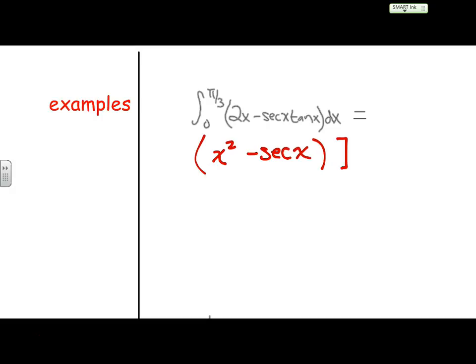And what are you doing with the little bracket? Putting it on the bottom. You put a little bracket after your antiderivative, remember? F of B minus F of A is really the antiderivative from A to B. So 0 is the bottom bound, pi is the upper bound. Question, who do I plug in first? Upper. That's the upper one.